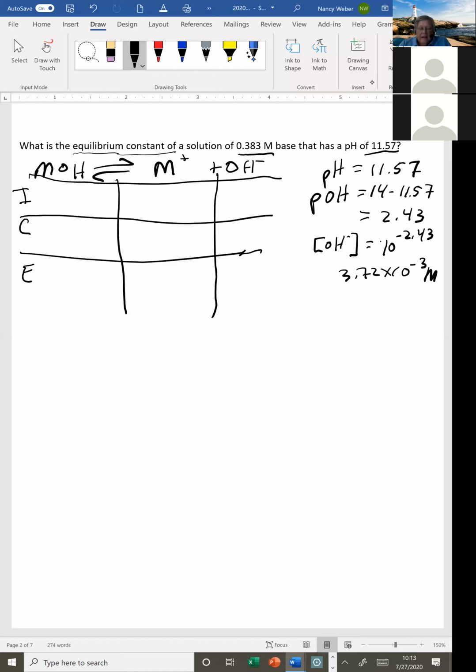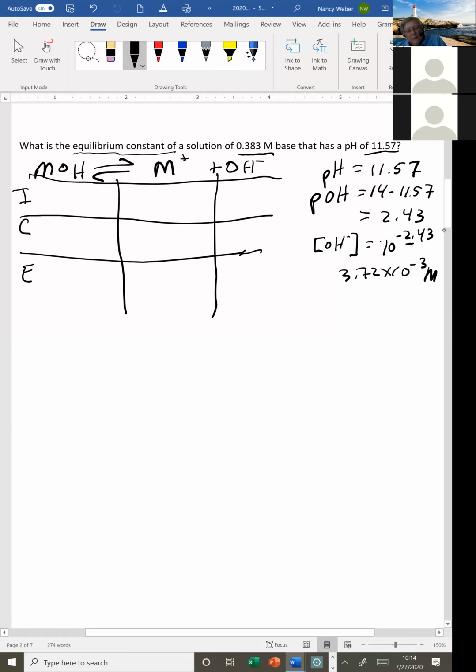One of the things I learned was to keep looking at my exponents to see if they're reasonable. Especially with calculators, it's easy to make a mistake. The pOH of 2.43 tells me the first digit, the 2, tells me the approximate exponent.